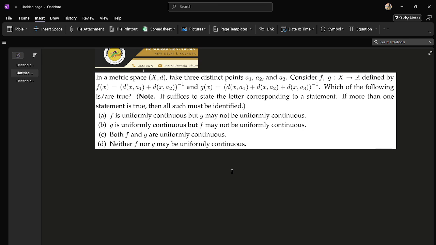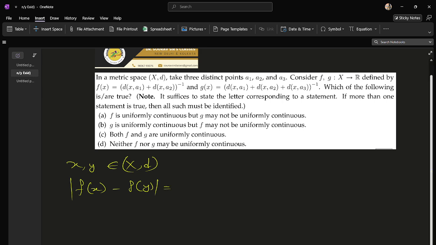Let us first take X and Y, two points from our metric space (X, d). So let us take |f(x) - f(y)|.